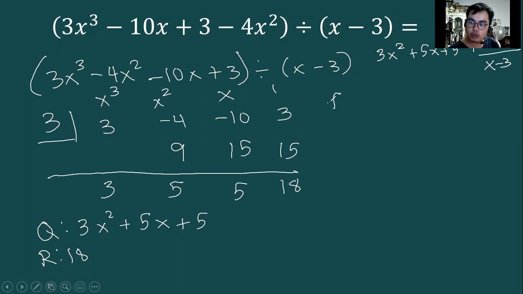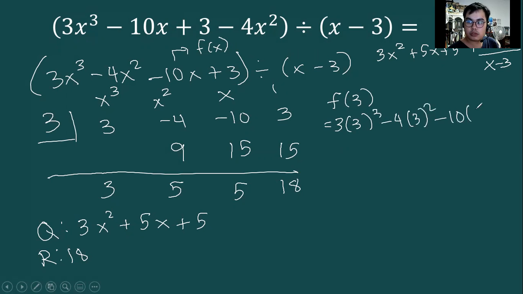So in order to evaluate this function, the value of x is 3 from the divisor and this is your f of x. So now we are going to substitute. The 3 cubed is 27.